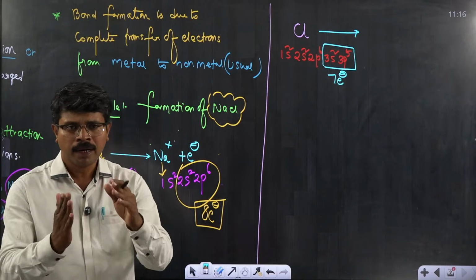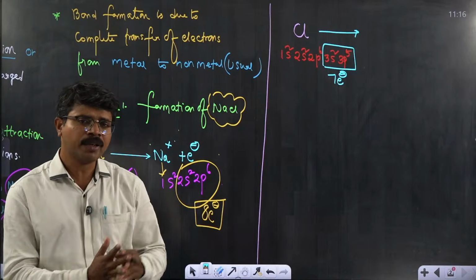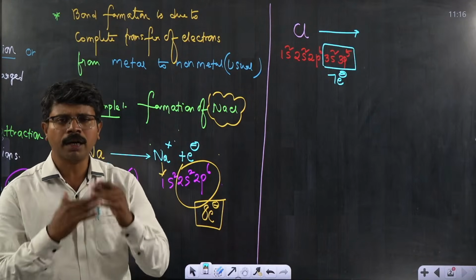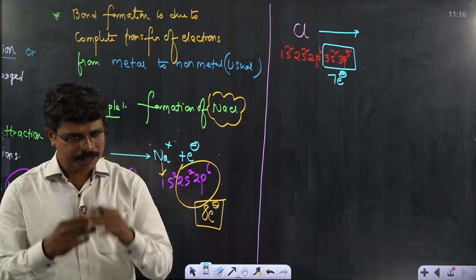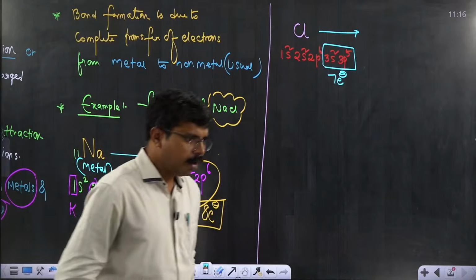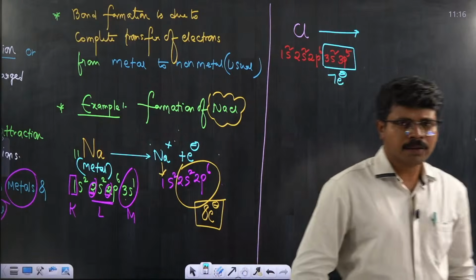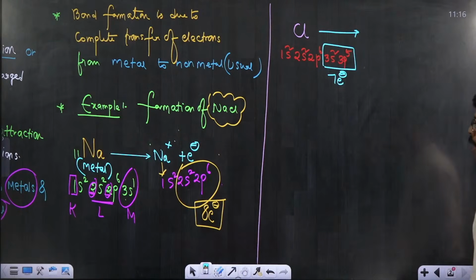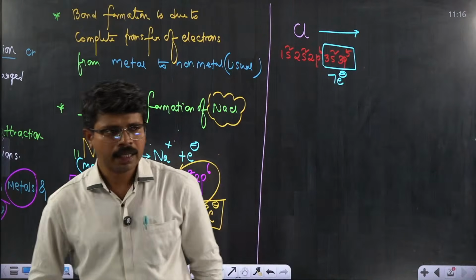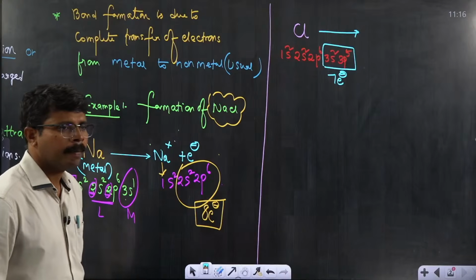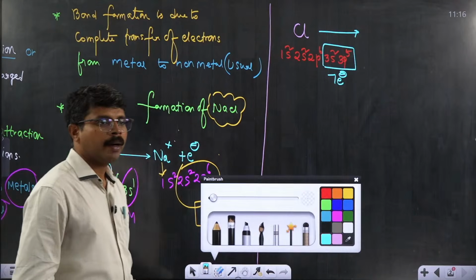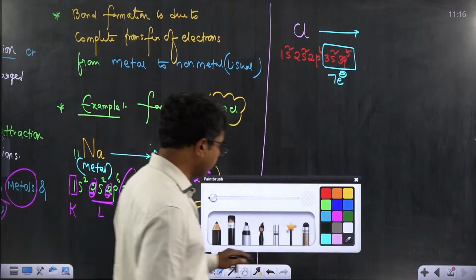It has to have 8 electrons, but it has only 7. What does chlorine have to do to achieve its octet? Students, answer please. Does it have to gain an electron or lose an electron? It has to gain an electron.